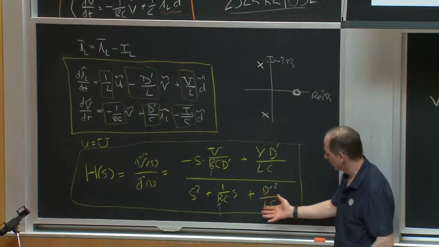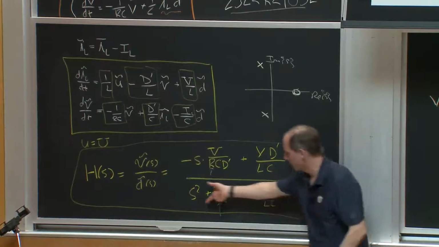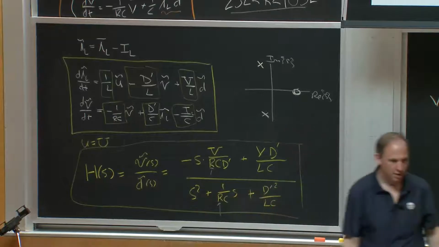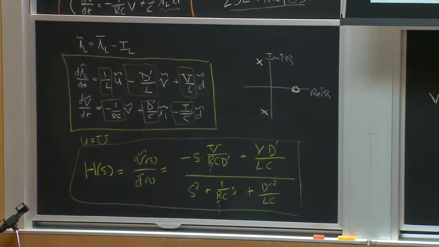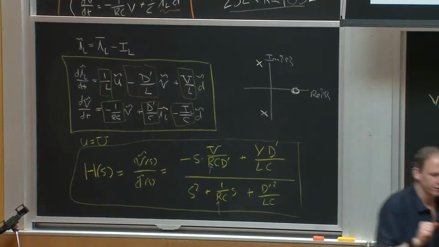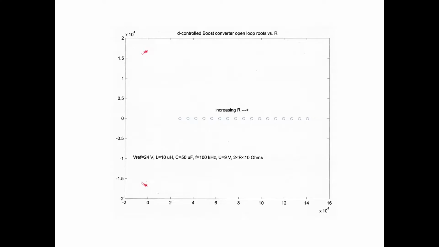This doesn't show very cleanly that the pole locations will differ except that it's in this term, which actually relates to the damping, okay? So if I calculate this transfer function's poles and zeros for different values of R at the nominal input voltage, this is what you're going to see, okay?